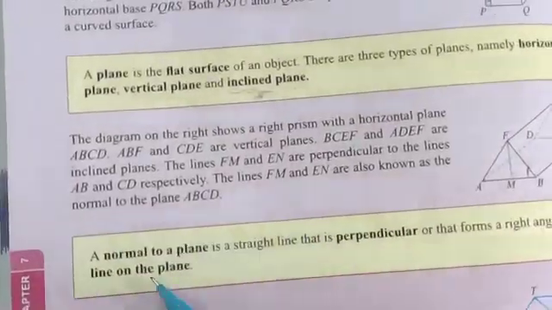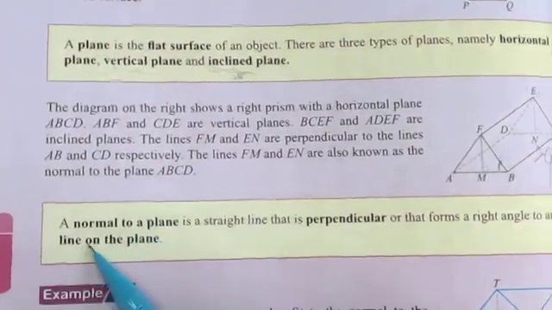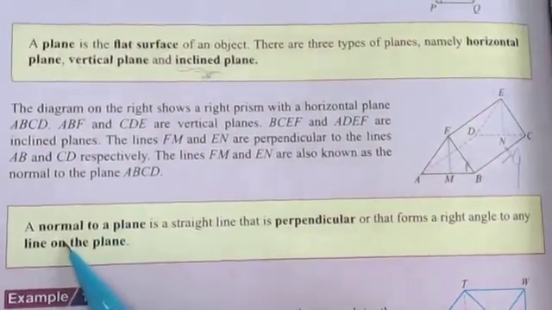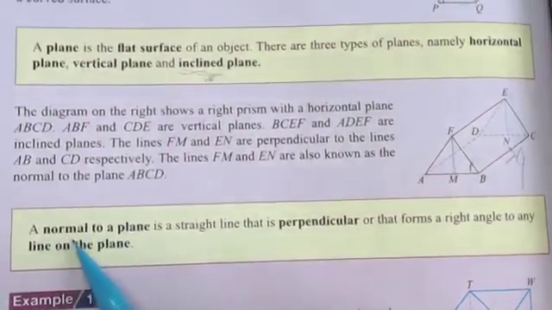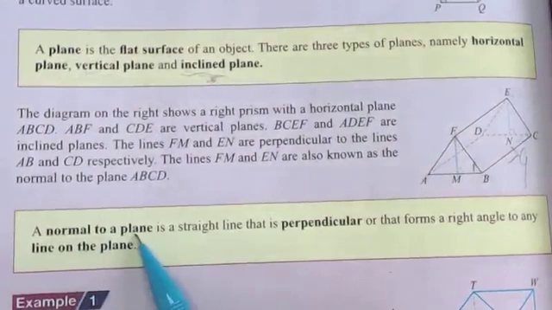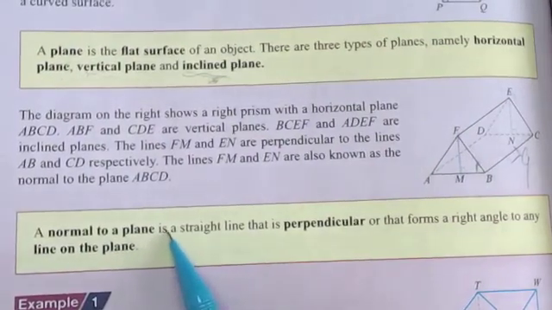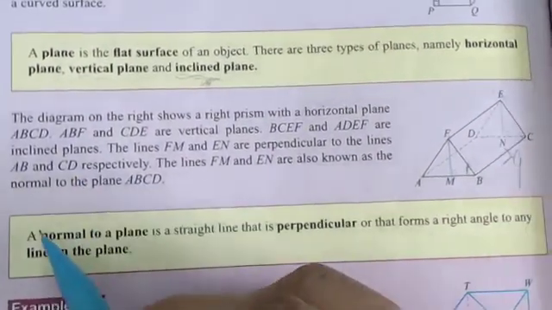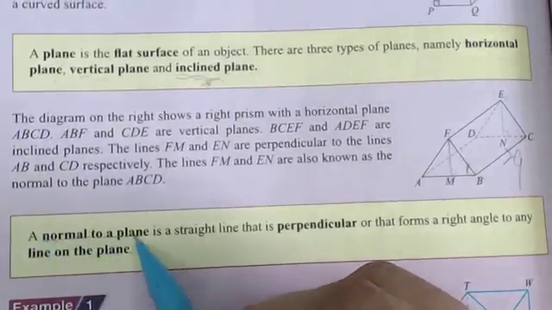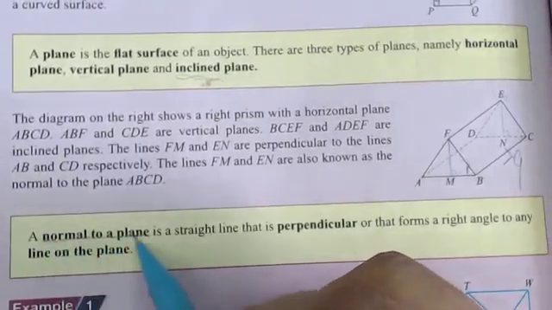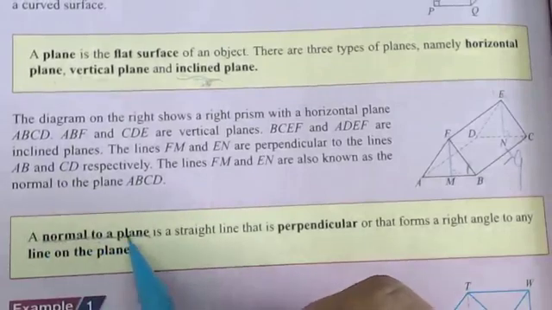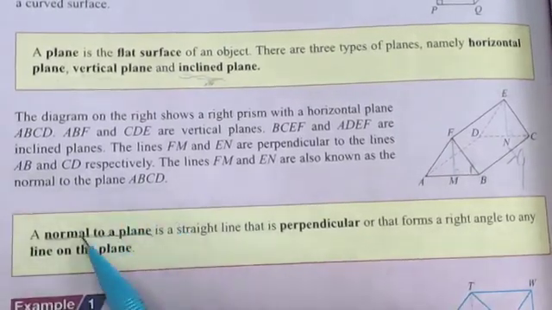Okay, now let's go to this yellow box here. What they want to tell us: a normal to a plane. It's a long name, but actually it refers to only one thing.